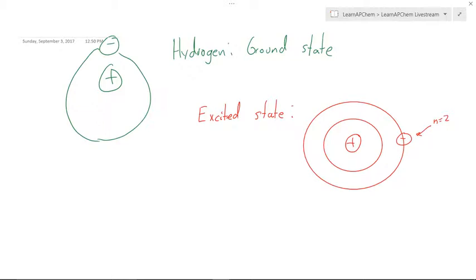So you're adding energy, so that could be you're heating it up. You could bombard it with, say, electromagnetic radiation, and it would absorb the energy of that radiation and push the electrons out into the excited state.